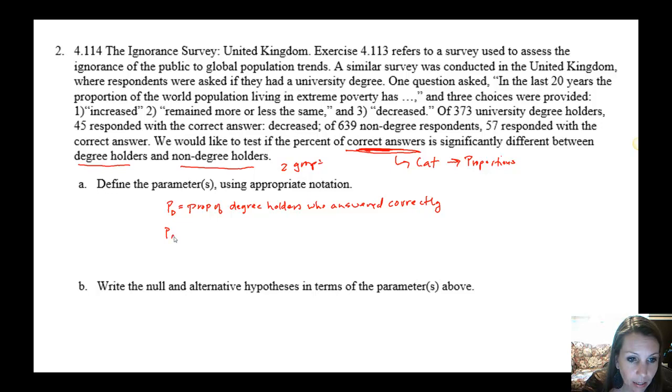And PN would be the proportion of non-degree holders who answered correctly.